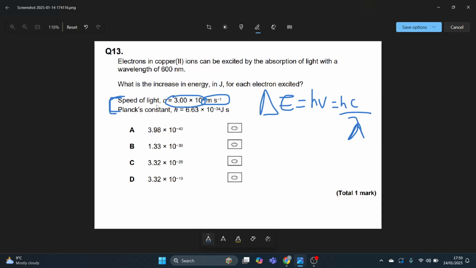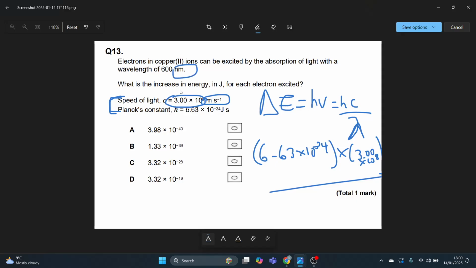Now I've got h, I've got c. So it's just going to be 6.63 times 10 to the power minus 34 times 3.00 times 10 to the power 8 divided by the wavelength of light absorbed in meters.